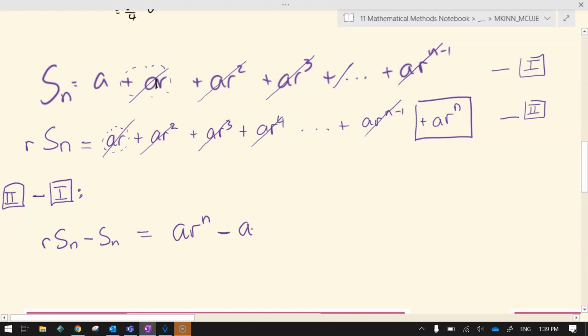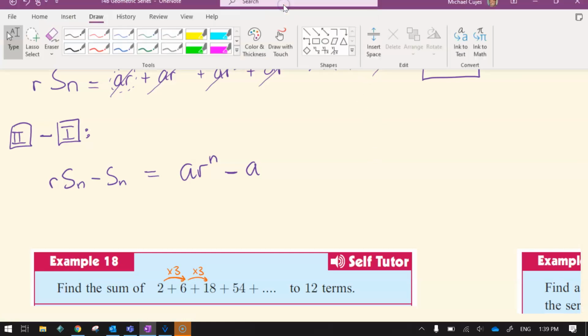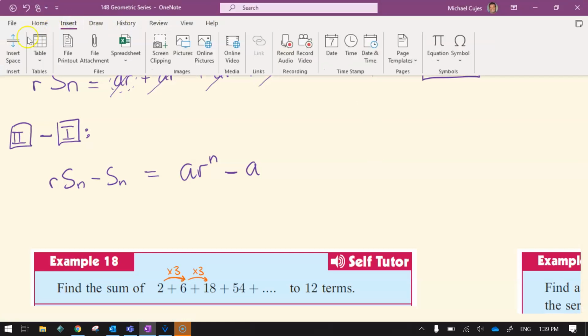Are we happy enough? We can see that so many of the terms are the same. They're all cancelling out. All I'm really left with is the last term from the second expression minus the very first term from the top expression. Now, factorising looks like it might be useful.